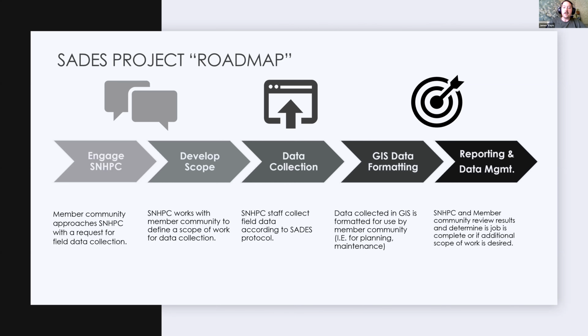SNHPC staff would collect that field data according to the SAIDS protocol, either in its entirety or in portion, and upload it into the GIS software and format it for use by the member community. And then finally, SNHPC member communities review the results and determine if the job is complete or if additional scope of work is desired.